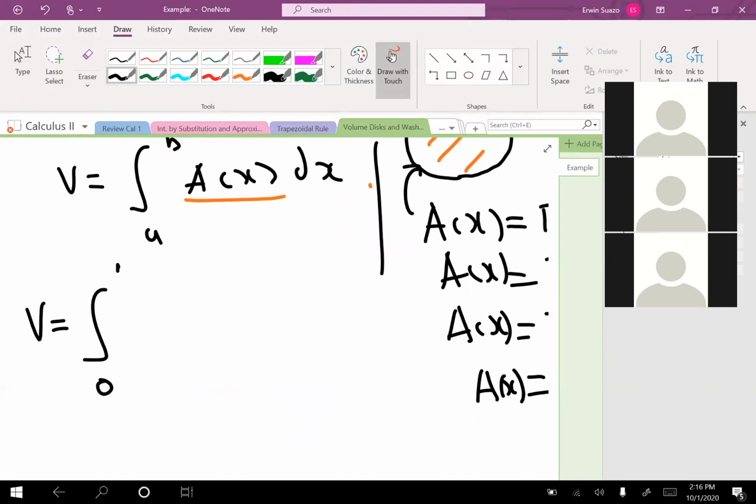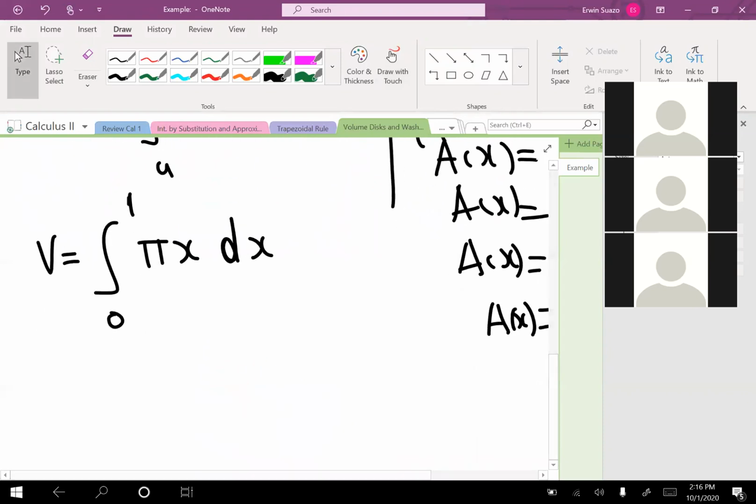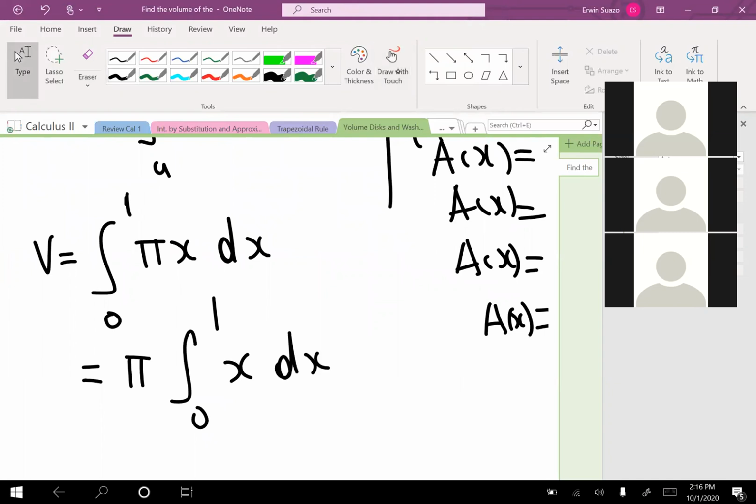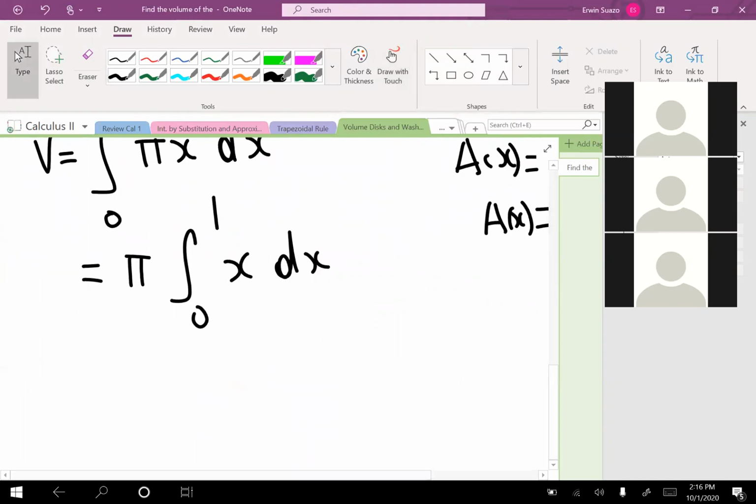So I write pi x dx. And then we get pi times the integral between 0 and 1 of x dx. Then you integrate. So you get pi. What is the antiderivative of x?